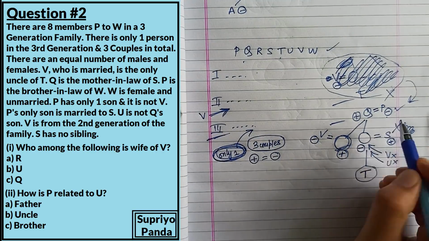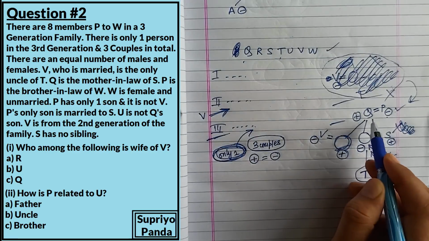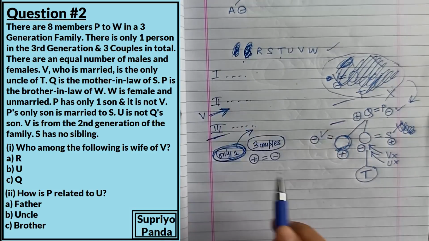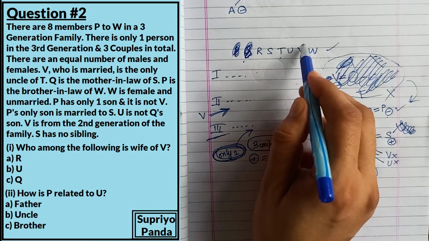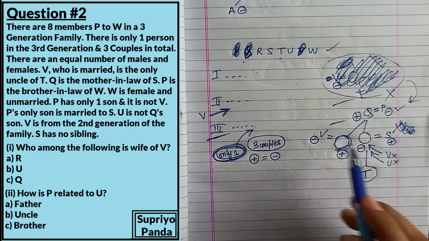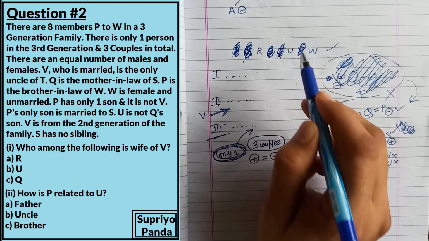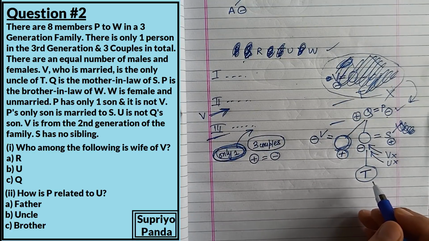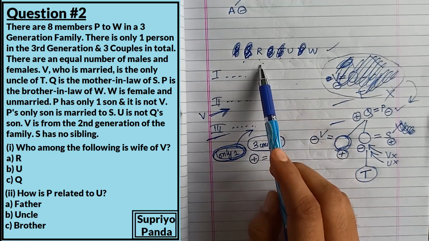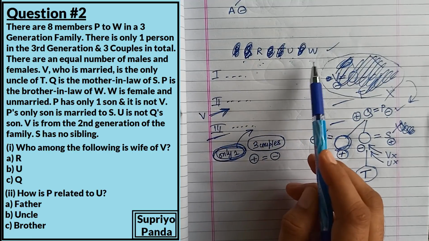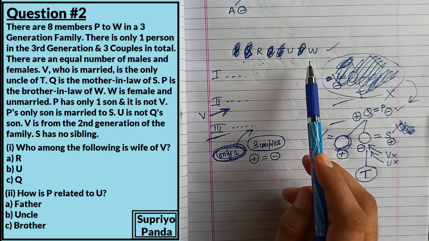So P you have already placed, so let's cut P. Okay, Q you have placed, so let's cut Q. Okay, now V also you have placed, so let's cut V. Okay, S you have placed, so let's cut S. Okay, now T also you have placed. T you can just keep because you do not know the gender exactly, but okay. So R, U and W, these are the only three people that you could not place till now.